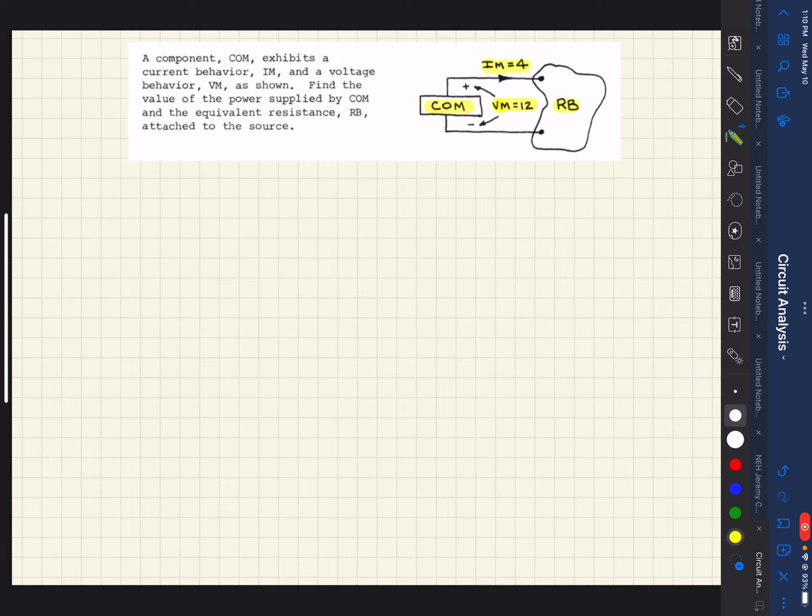So the first thing they ask us to find is the value of the power supplied by COM. So here we just recall that power is equal to the current times the voltage. So in this case, it's pretty simple. This would be what they call IM times VM, where those values, again, are right here, IM and VM.